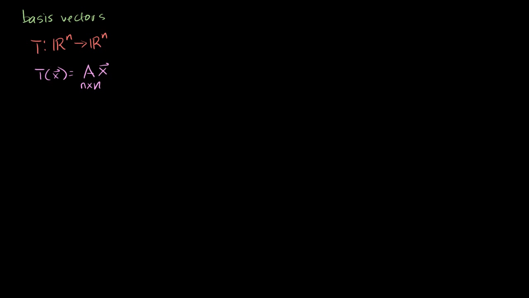Now, let's say that we have n linearly independent eigenvectors of A. And this isn't always going to be the case, but it can often be the case. It's definitely possible. Let's assume that A has n linearly independent eigenvectors.